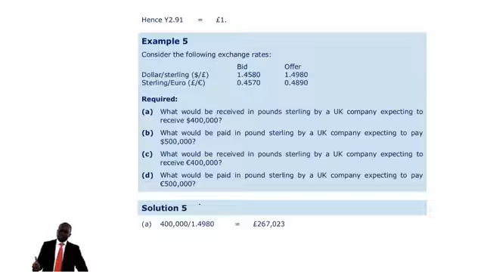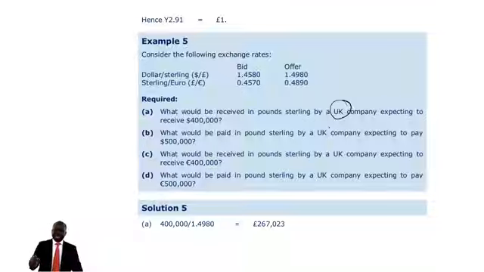The meaning of the question is, this company is based in the UK. It is expecting to receive $400,000. When it gets the $400,000, it has to convert it into pounds. What exchange rate is it supposed to use?